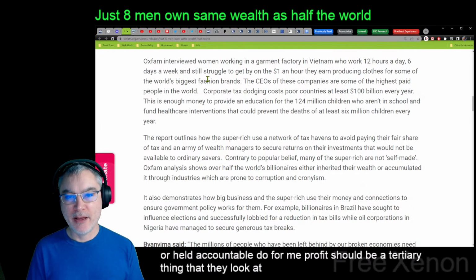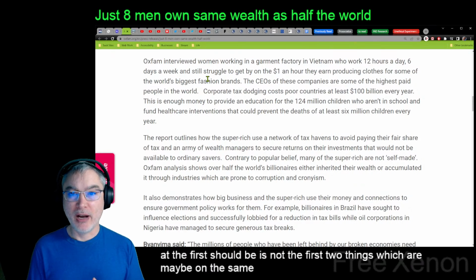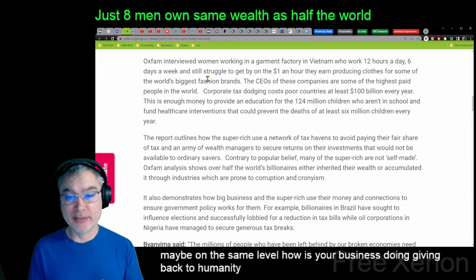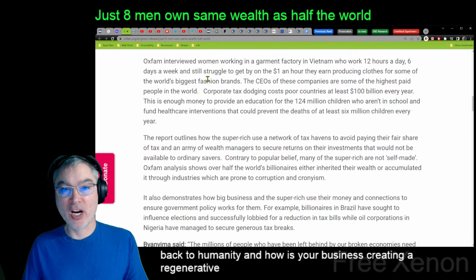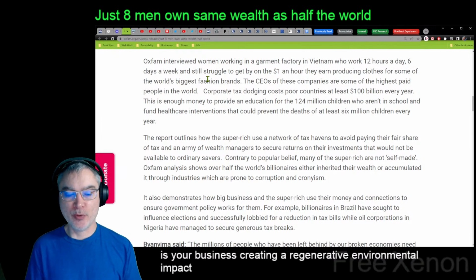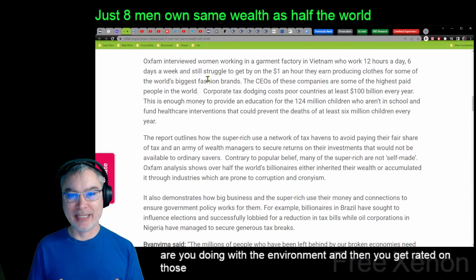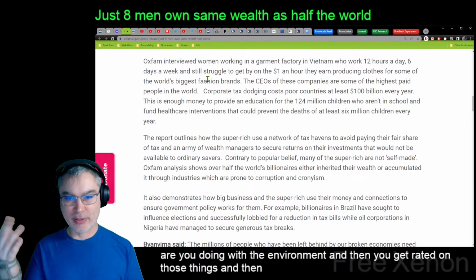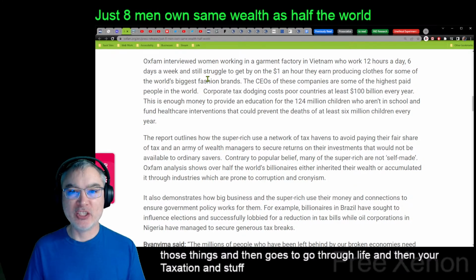The first two things, which are maybe on the same level, should be: how is your business doing, giving back to humanity, and how is your business creating a regenerative environmental impact? So how are you doing for humanity? How are you doing with the environment? Then you get rated on those things, and your rating can go through like A through F, and then your taxation and stuff gets changed based on that.